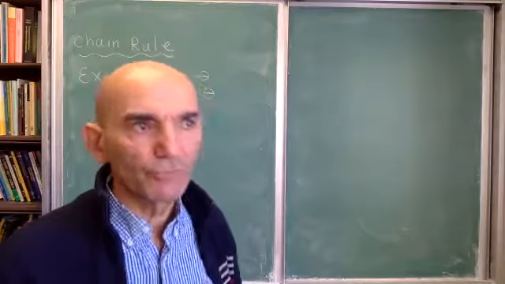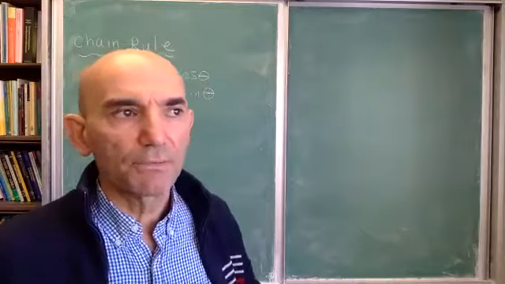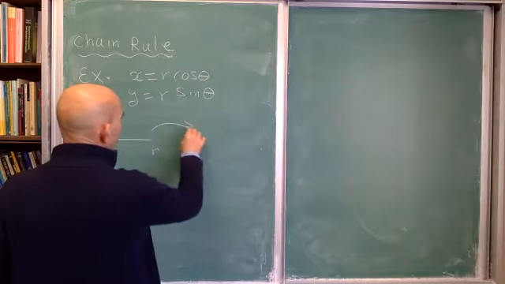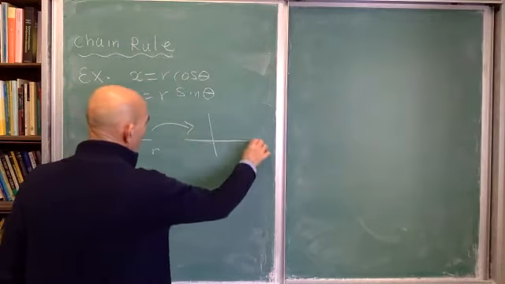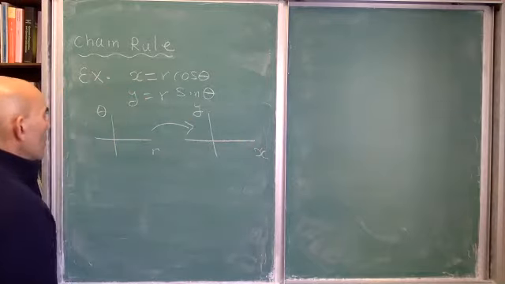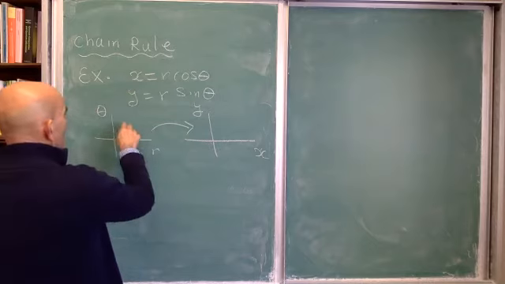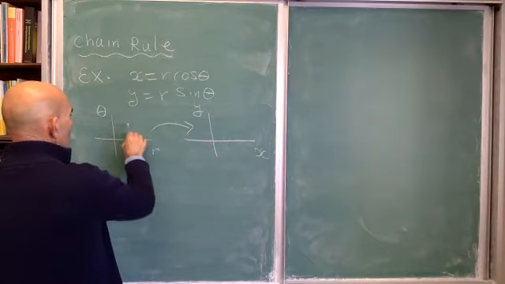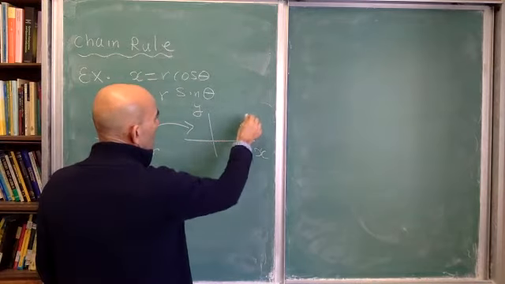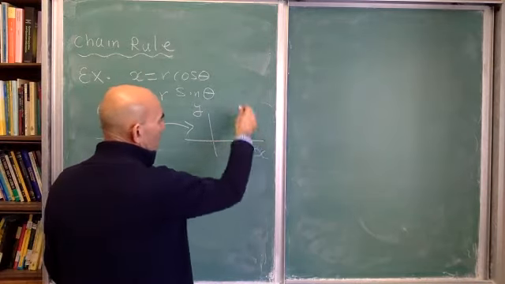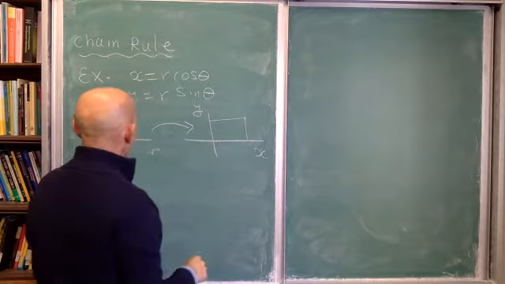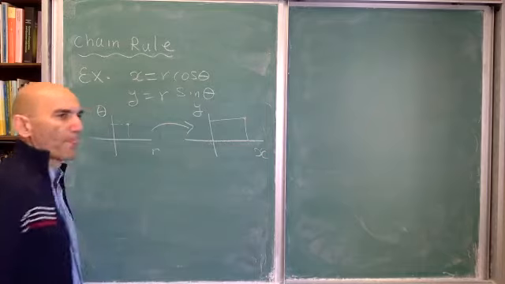So these are just two variables for us, right? R and theta. And so this map takes us to the xy plane. So if you know some point here which has coordinates, say r and theta, then it goes to a new point here with totally different coordinates, which are x and y, and they are given by this formula.